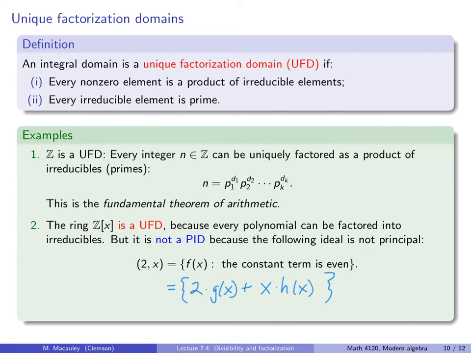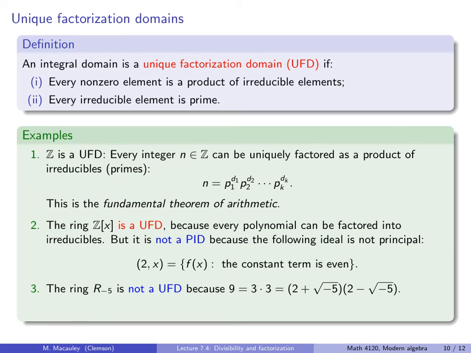So this second term does not have any constant term, right? And this first term, if there's a constant term, it has to be even. So clearly, every polynomial in here has an even constant term, and I claim that every polynomial with an even constant term can be written like this for some g and some h. And that's not hard to see if you think about it for a few moments.